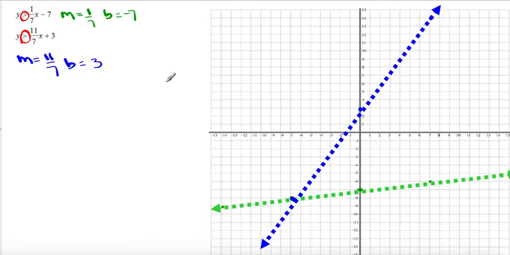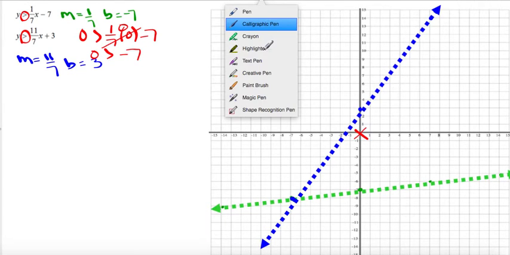Okay, and then to figure out my shading, I plug in the origin point. So going back to the green line, I plug in the origin point. So I have 0 is greater than 1/7 times 0 minus 7. 1/7 times 0 is 0, so I have 0 is greater than -7, and 0 is greater than -7, so I have to shade everything above the green line.